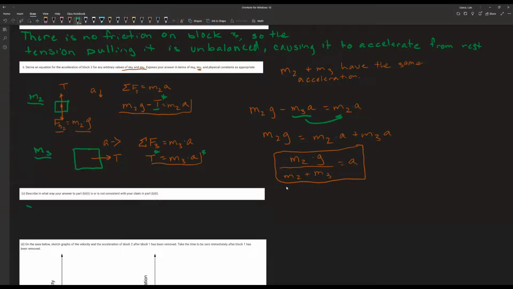So we claimed, or I claimed, the claim, that block 3 would accelerate, is consistent with the equation. Something along those lines.